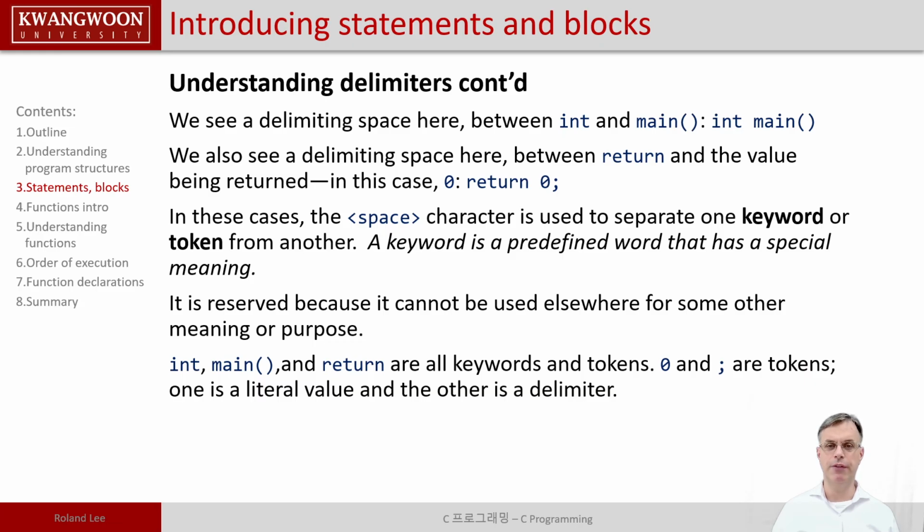A keyword is a predefined word that has a specific meaning. It is reserved because it cannot be used elsewhere for some other meaning or purpose. int, main, function, and return are all keywords and tokens. 0 and semicolon are tokens. One is a literal value and the other is a delimiter. The compiler identifies and translates tokens into machine language.